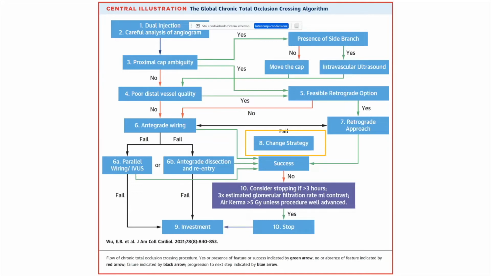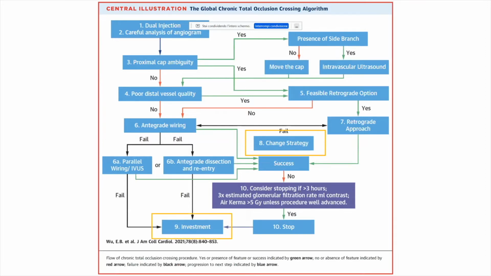So after 20 minutes of wire manipulation, if you don't have any progress in the CTO body, you have to change strategy. But for the global algorithm, for the authors, there is no recommendation because it depends on the expertise of the CTO operator and on the case. So there is no deadline or time limit for changing strategy.